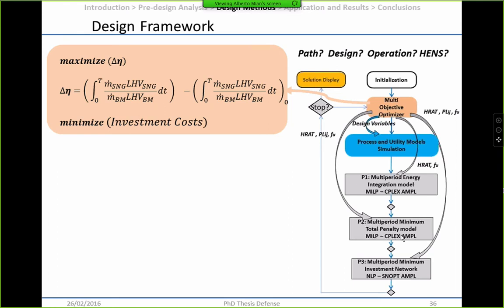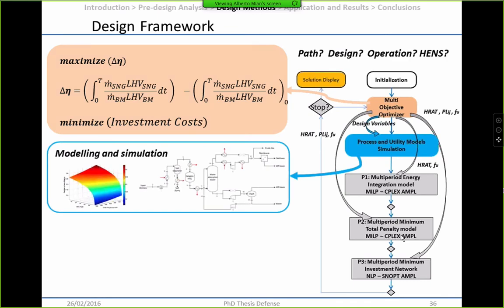So what happens here is that we start by considering these objectives. We have to give some bounds for these variables, and then we will solve the process and utility models. For the solar utilities, we have the advantage that we know a priori the part load performance of the utilities, because they are mainly dependent on the radiation data we have and on the position of the sun.